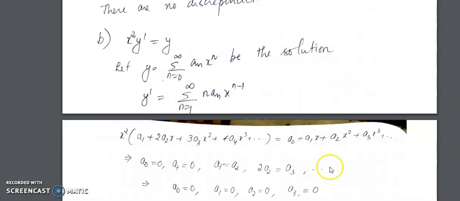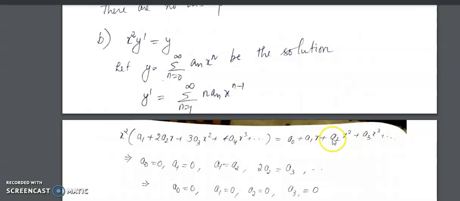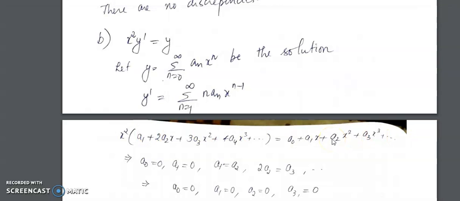So equating the coefficients again, equating the constant term, a0 equal to 0. Then when you equate the coefficient of x, again a1 will be 0. Now equating x square you will get a2 equal to a1. So again a2 will be 0.